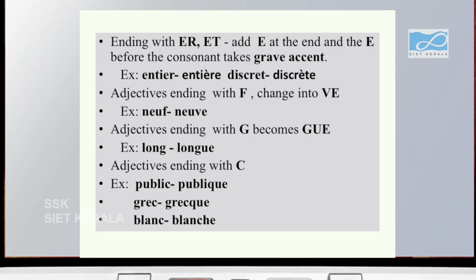Sometimes instead of C, you write Q-U-E, like public becomes publique, grec becomes grecque. Whereas blanc, a color, you don't write Q-U-E, instead it is irregular, it goes blanche, B-L-A-N-C-H-E. So let's move on to do an exercise where you will be able to practice what you have learned.